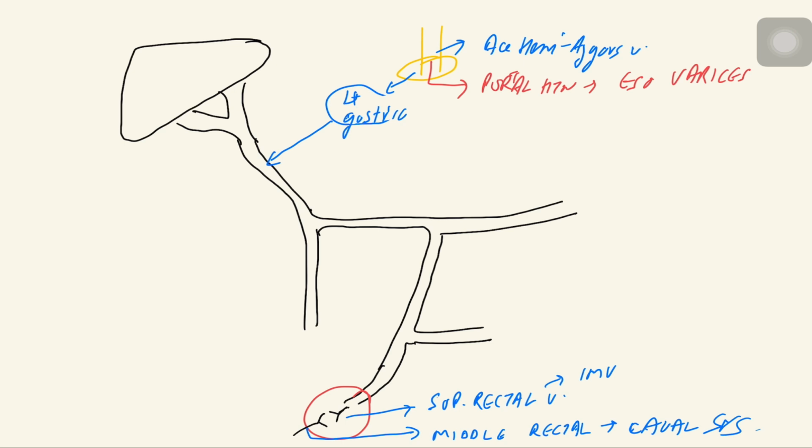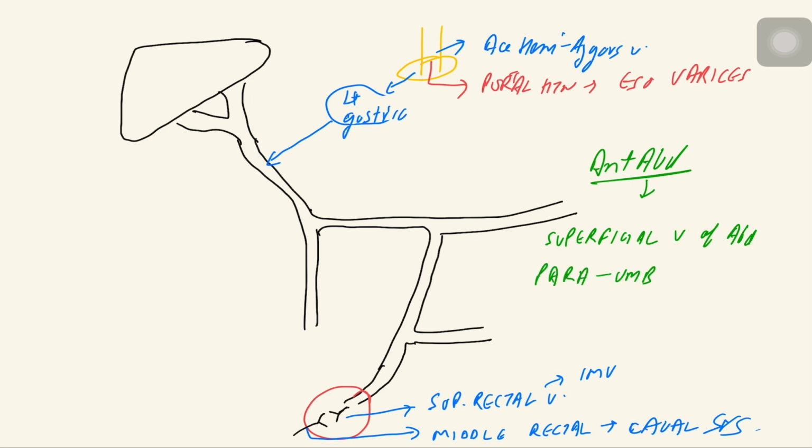And then another important one is the anterior abdominal wall. In anterior abdominal wall, you have the anastomosis between superficial veins of abdomen and para-umbilical veins.